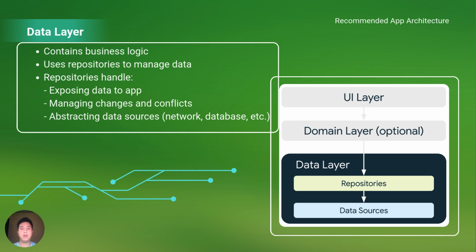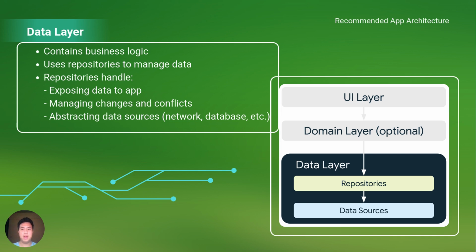You should create a repository class for each different type of data you handle in your app. For example, you might create a movies repository class for data related to movies, or a payments repository class for data related to payments.